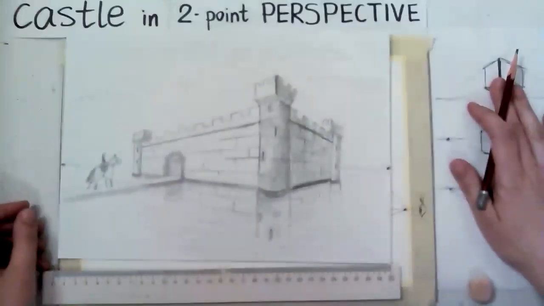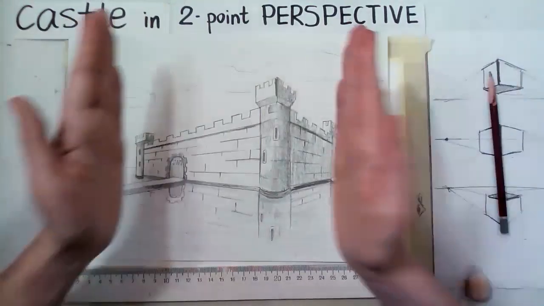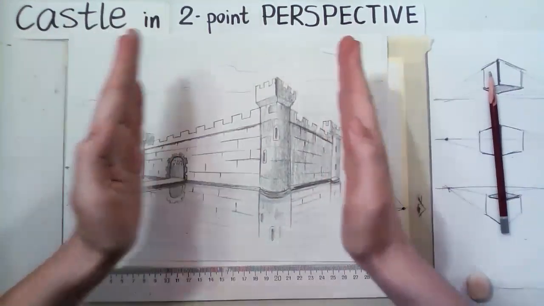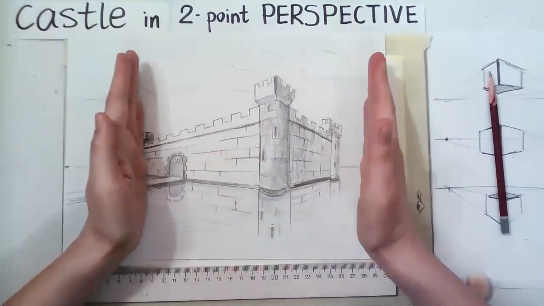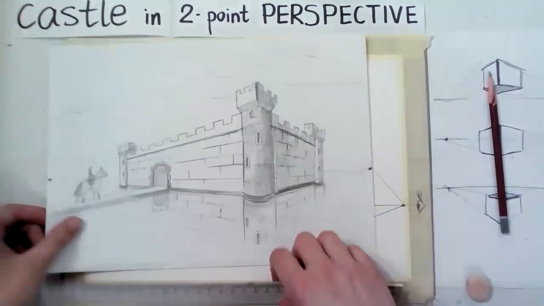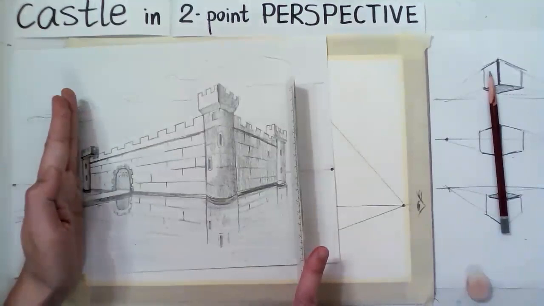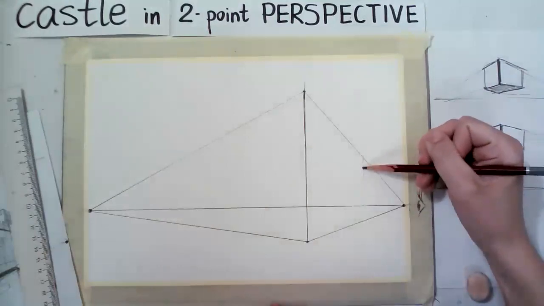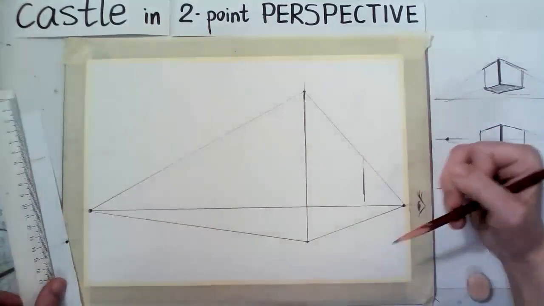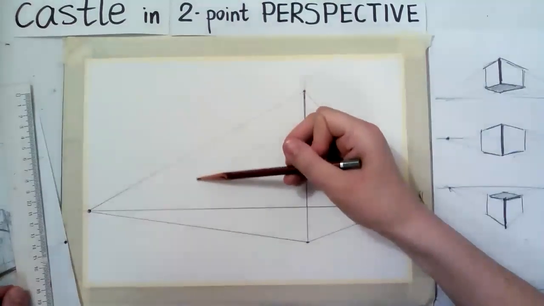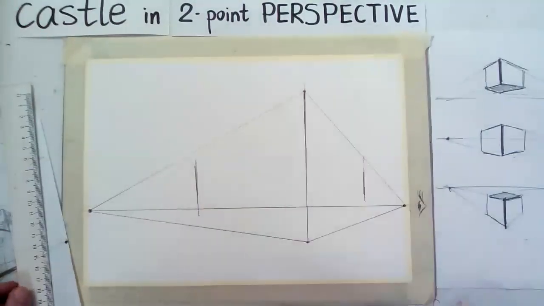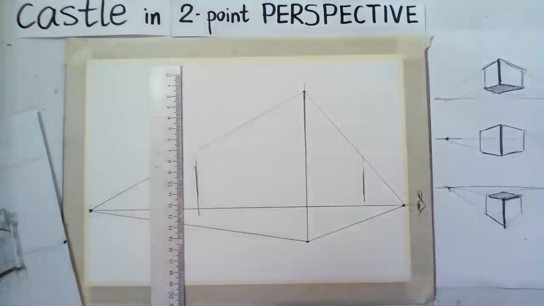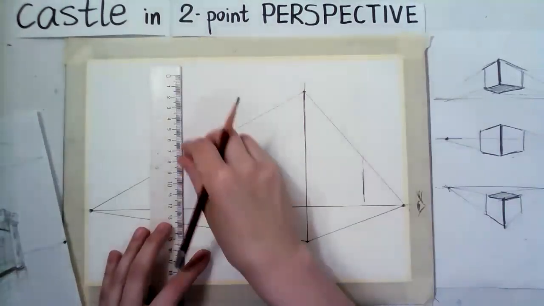So once you have this, now you can choose how big your castle is. Is it long? Is it short? Again, this is something you choose. So you choose the end sides of your building, somewhere here, and maybe somewhere here, depending on how the building is in real life or how you want it to be.